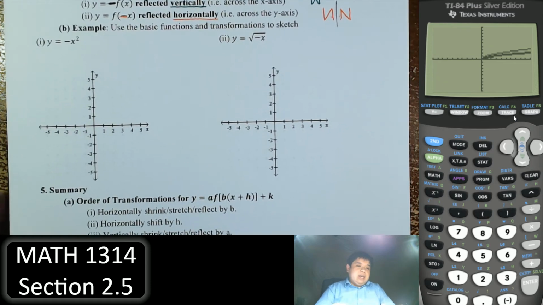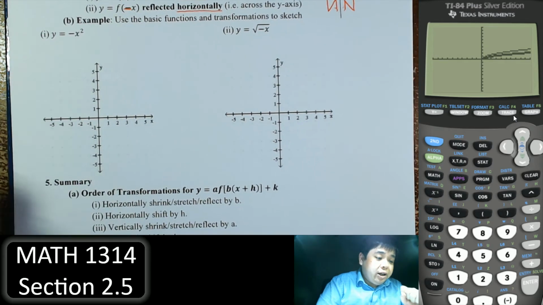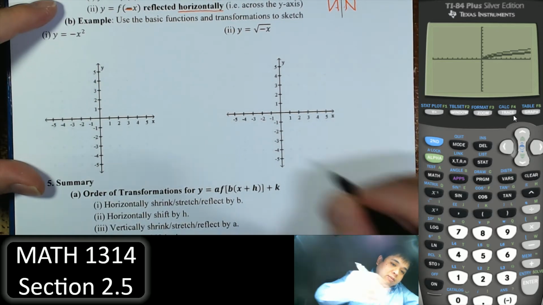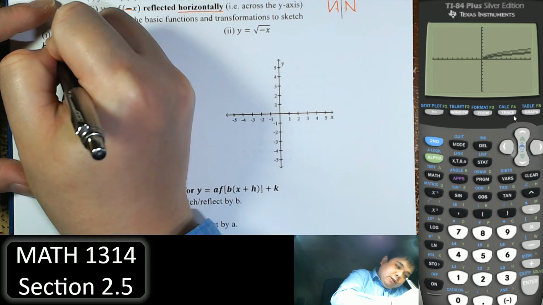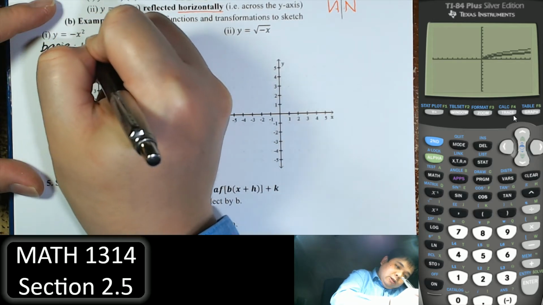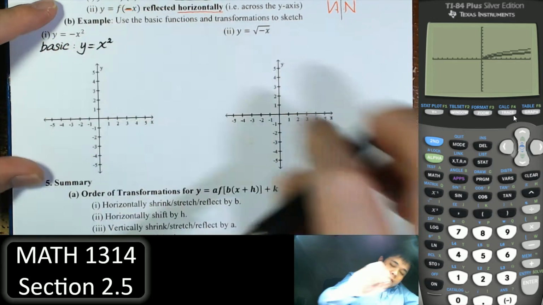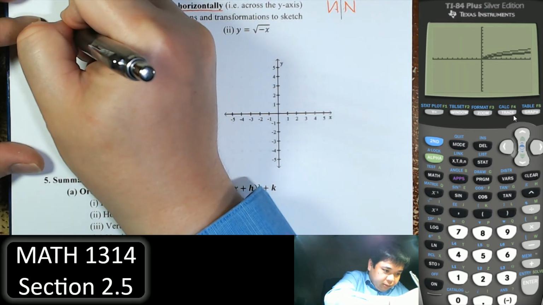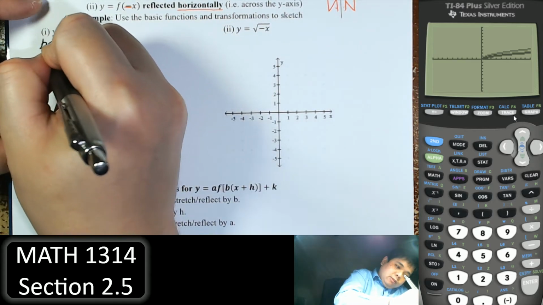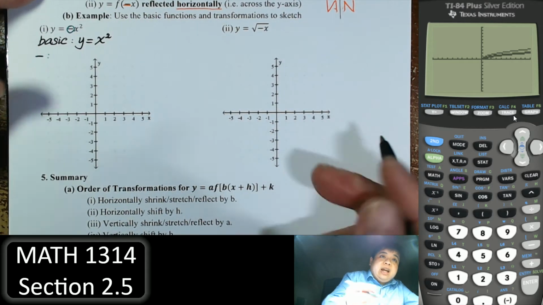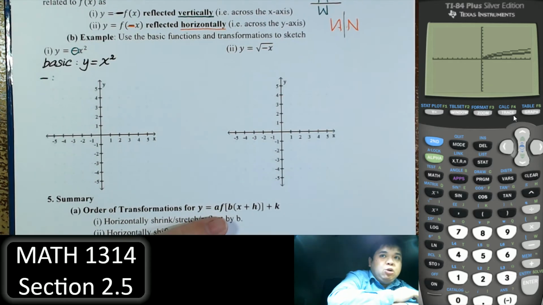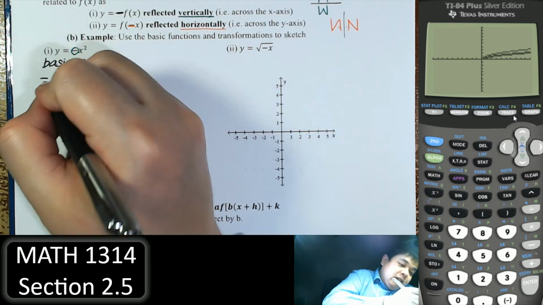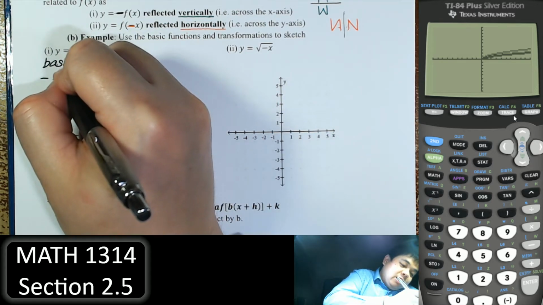Right. Now let's look at the graph of negative x squared. The basic graph is x squared, and then we just throw in the negative. So that means all the y values are multiplied by -1, if you will. So this is just flipping it vertically, just reflect vertically.